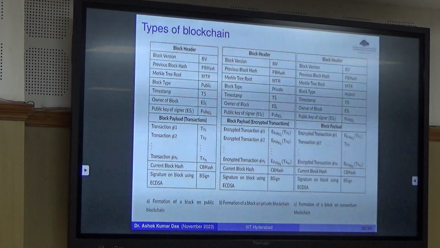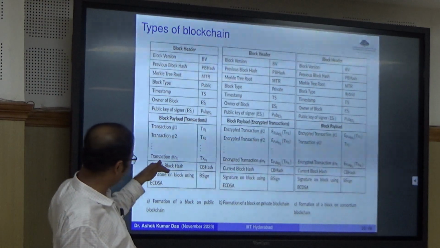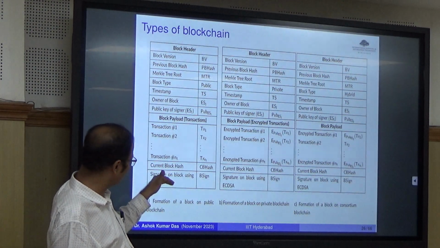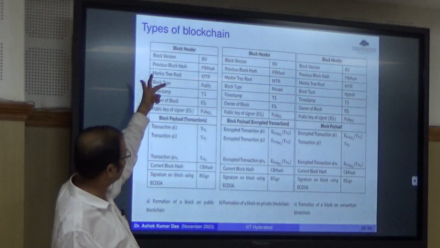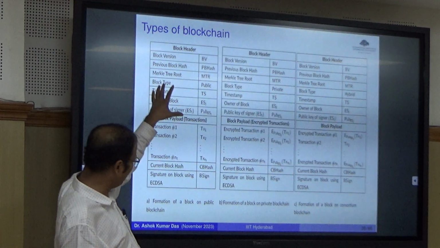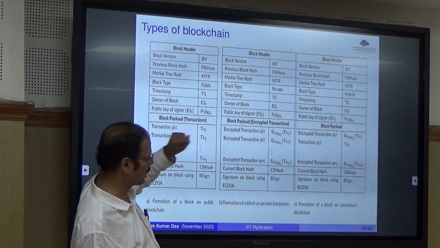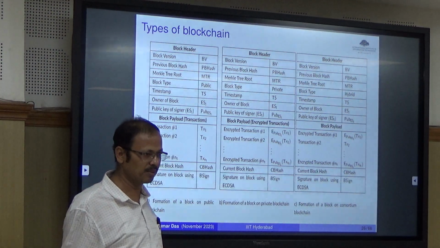If the Merkle root verification is fine, then you need to verify the current block hash. And if the current block hash is fine, then you need to verify the signature. If all these verifications are correct, then only this block will be treated as a valid block, and you can then save all the transactions for your big data analytics purposes using machine learning. Right.